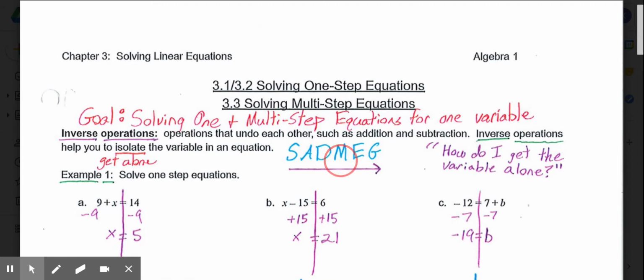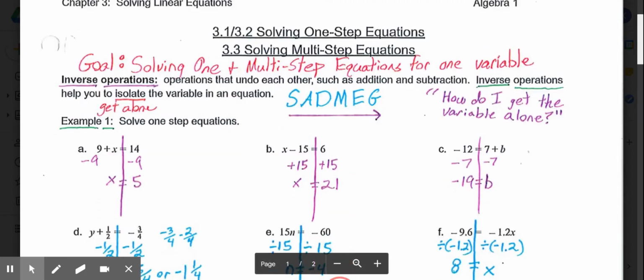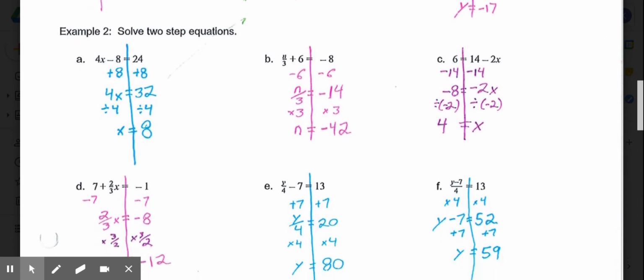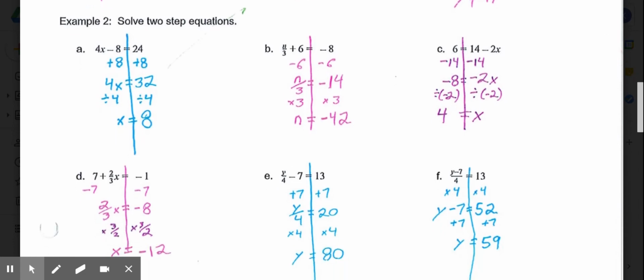So unlike the normal order of operations where we have to deal with multiplying and dividing first, now we are dealing with addition or subtraction first. In A, B, and C, we're going to look at that idea to start.